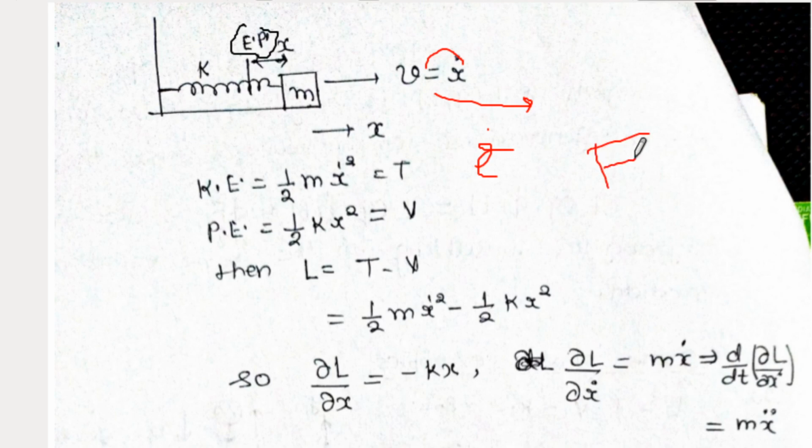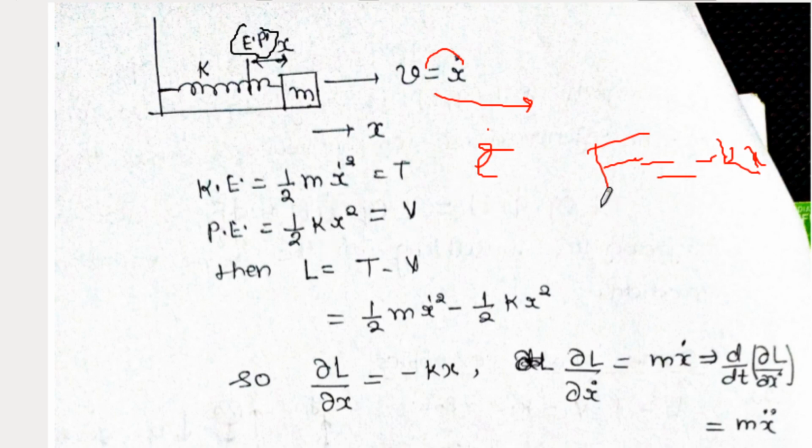We already know Hooke's law is minus kx, where k is the spring constant. When you pull it a length x from its equilibrium position, it oscillates about its mean position.